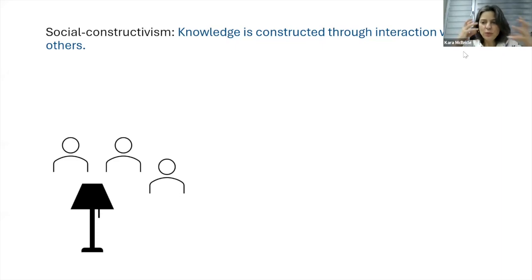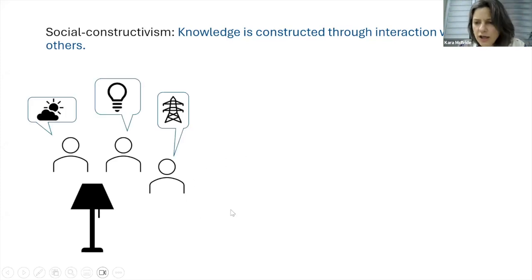Human beings are wired to interact with other human beings and to discuss and interact in different ways. My picture here on the screen is of some people standing around a lamp, talking about it. Maybe one person says, oh, it's kind of cloudy out, let's turn on the lamp. Another person is talking about what kind of lamp it is or what kind of light bulb.